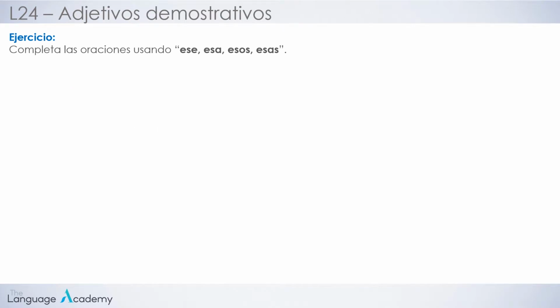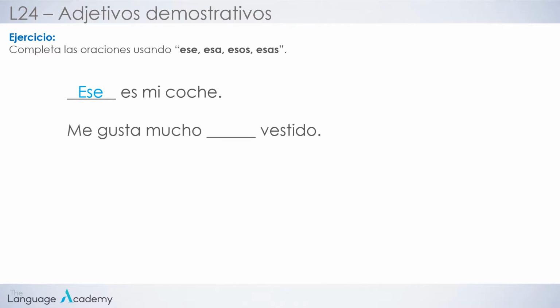Now, a very similar exercise, but here you will have to use ese, esa, esos, or esas. Ese es mi coche. Me gusta mucho ese vestido. Chocolate is a masculine word, so we use esos.